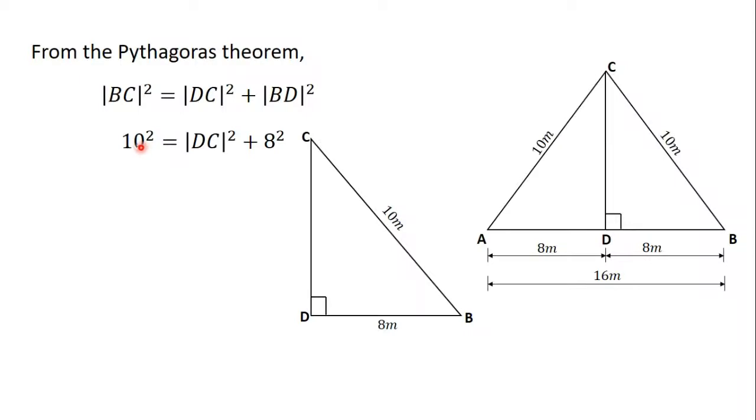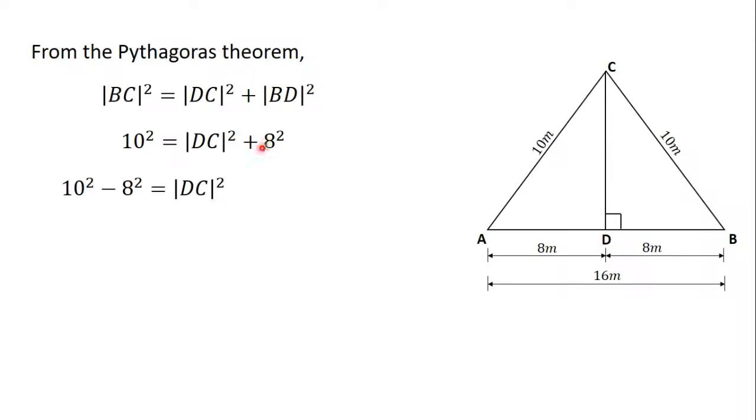We have BC as 10 meters, so 10 squared is equal to DC squared plus BD squared, where BD is 8 meters. When you simplify this, you have 10 squared minus 8 squared is equal to DC squared. So DC squared is going to give us 36.